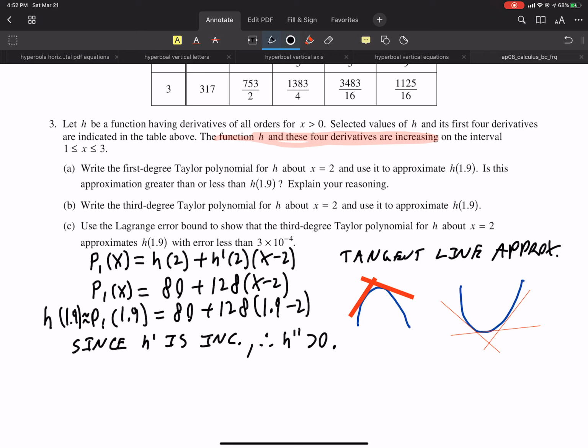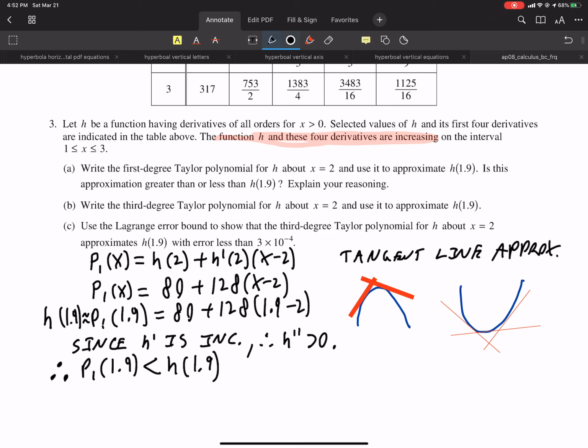If the second derivative is positive, you're going to have an underestimate. You can say, therefore, P1 at 1.9 is less than h of 1.9. So we have the underestimate.